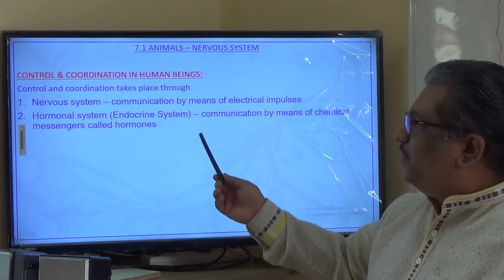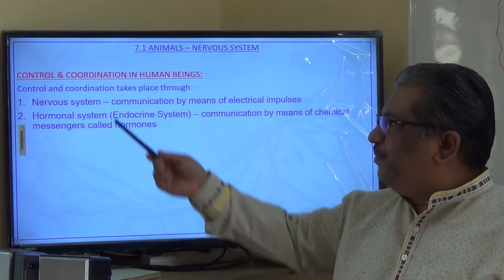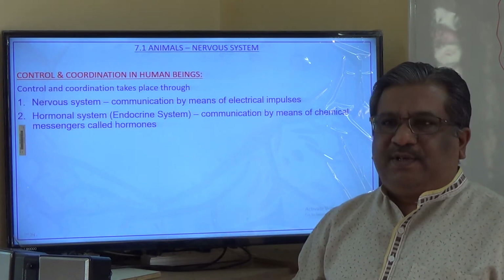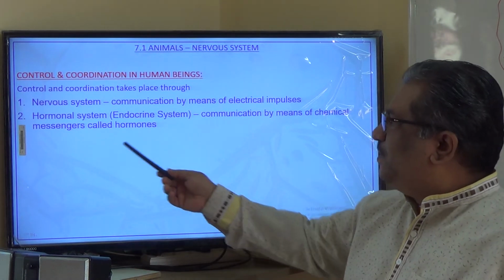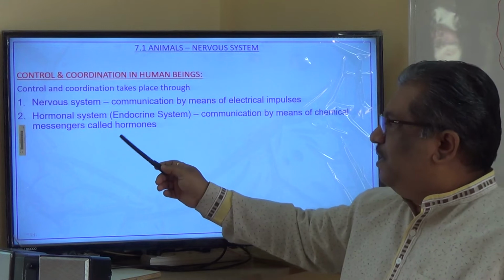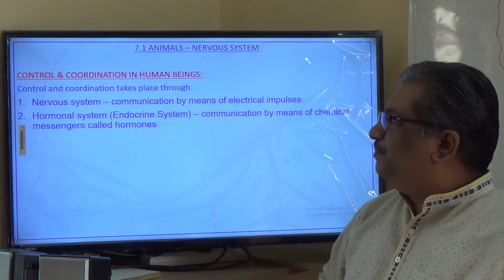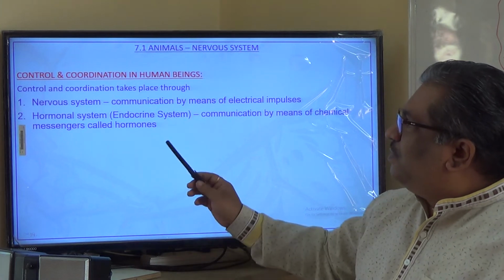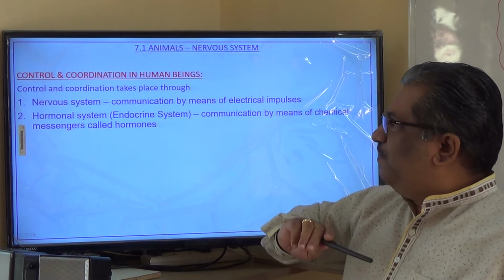Therefore, the hormonal system is also one of the two systems that establish control and coordination in human beings, by means of chemical messengers. Hormones are also named chemical messengers. So these are the two systems by which control and coordination takes place.